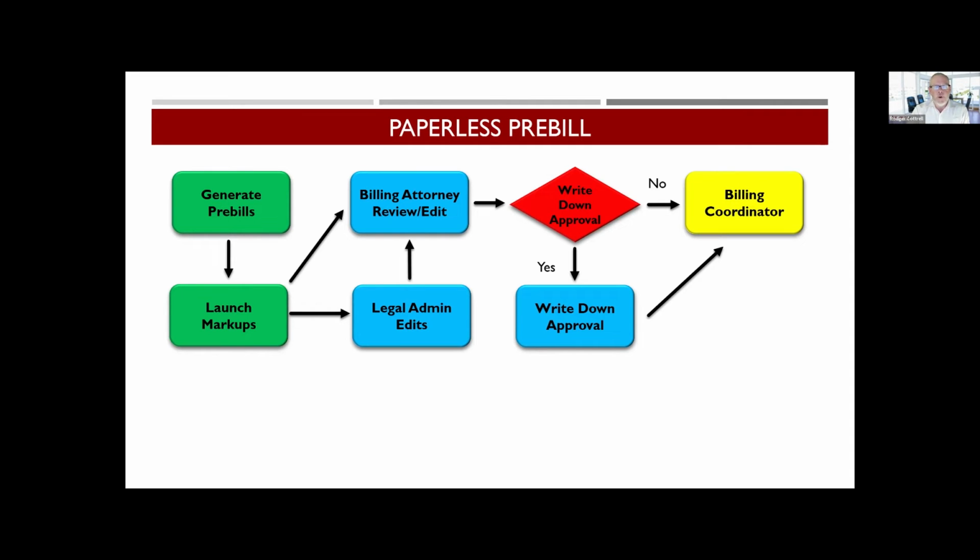But if you also give a 10% courtesy discount on that bill, you're increasing that write-down. You just want to make sure that you're including all different values in terms of the write-down. And you may also want to include disbursements in there so that it all gets calculated into that threshold amount.